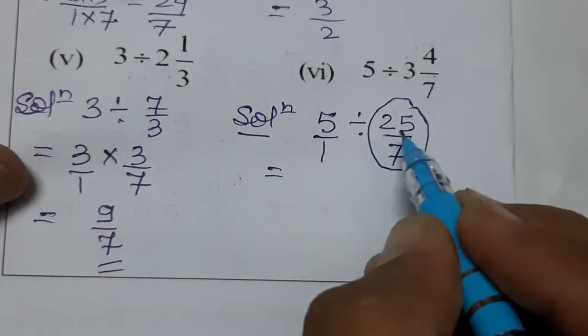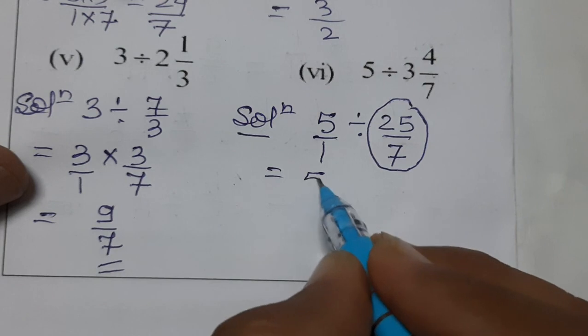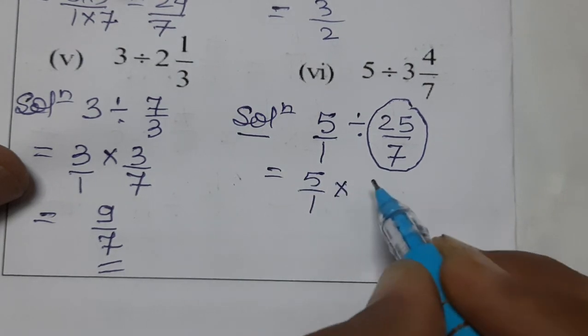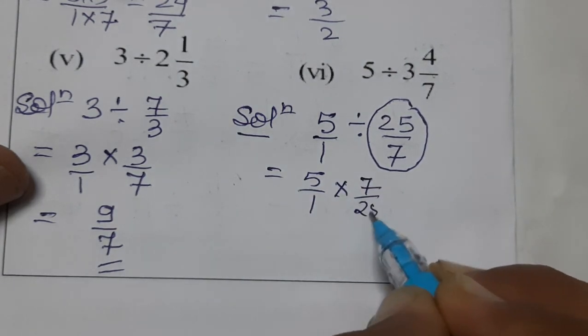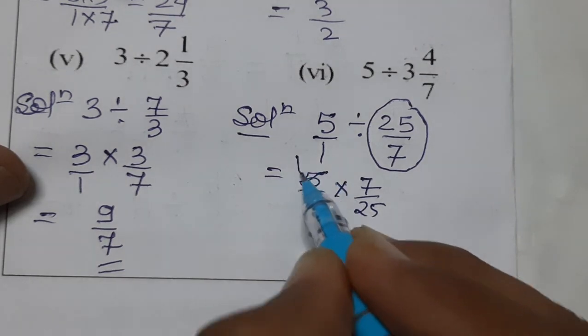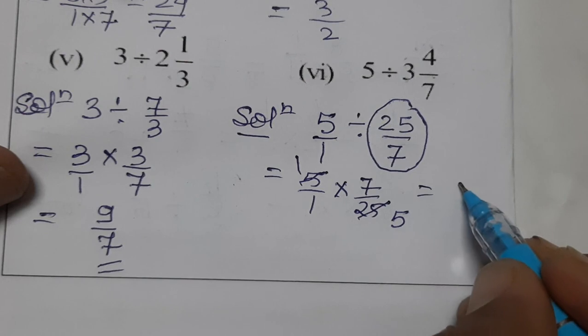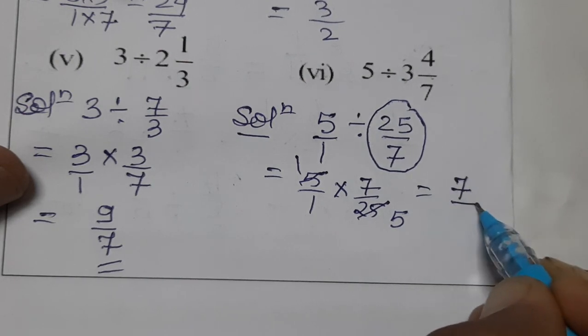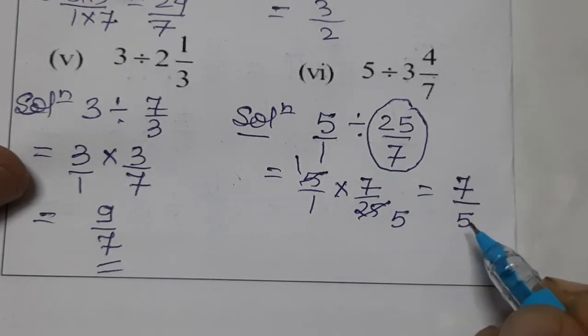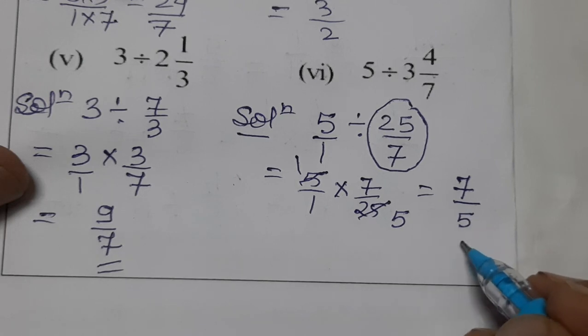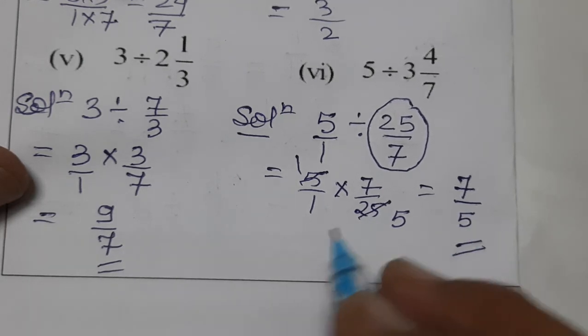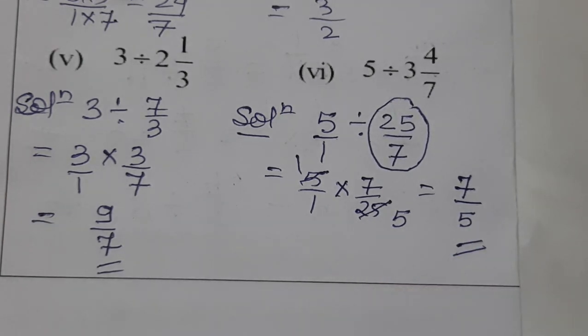Always take reciprocal of the right hand side number. 5 by 1 divide is changed to multiplication, 7 by 25. Now easily we can cut. So we have cut 1 into 7, 7. Multiply numerator with numerator and denominator with denominator. The 1 7 is 7 and 1 5 is 5. So see children, how simple are these questions.